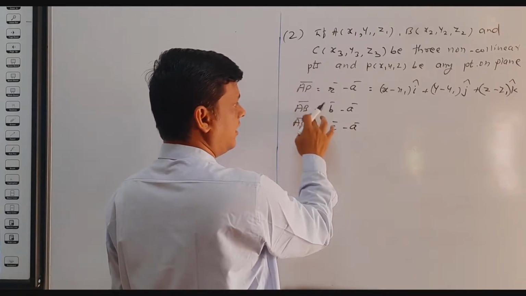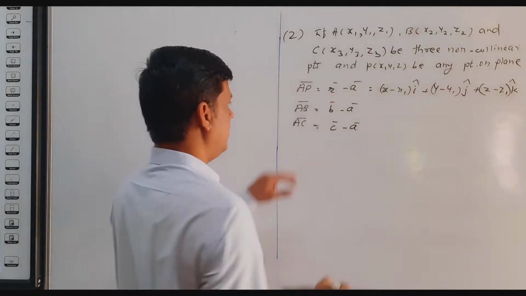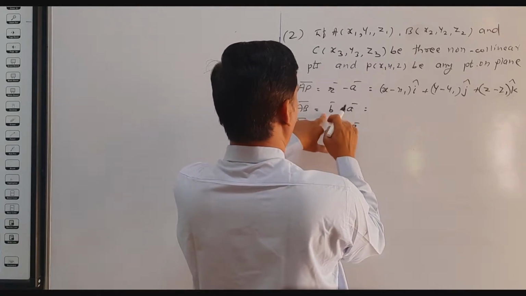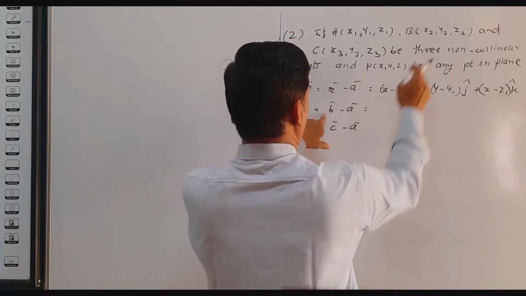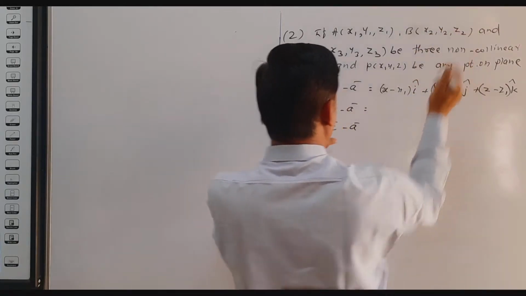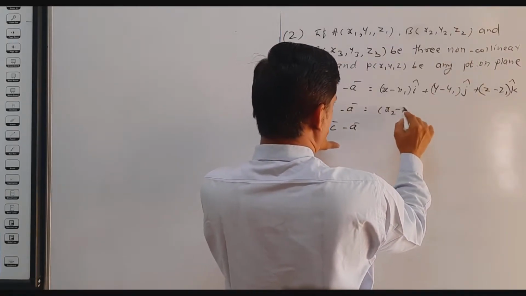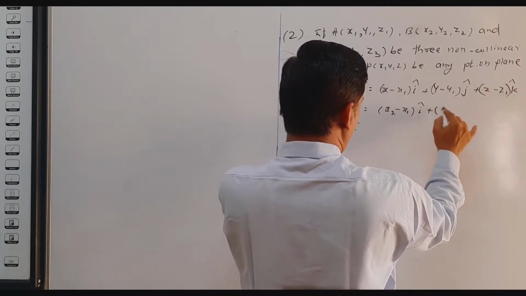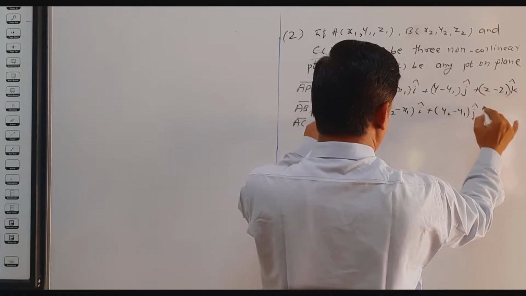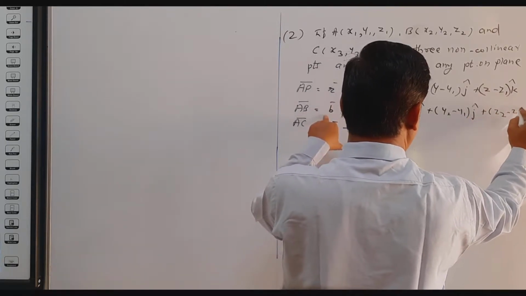Similarly, this vector AB as B bar minus A bar, the position vector of point B is B bar and the coordinates of point B are x2, y2, z2. So from this we write x2 minus x1 i plus y2 minus y1 j plus z2 minus z1 k.